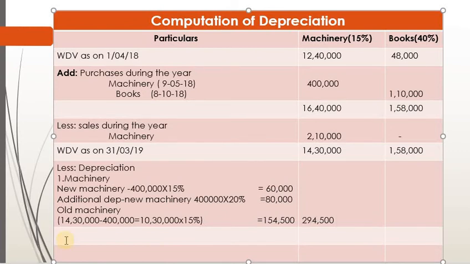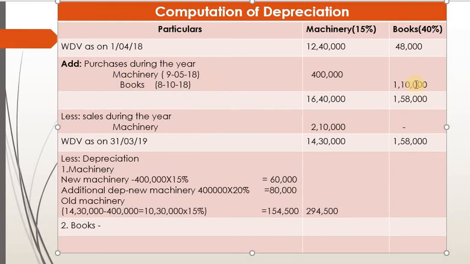Now let us calculate for books. The second one is books. With regard to books, the addition purchased during the year is 1,10,000 and there is no sales. So total written down value for depreciation is 1,58,000. Let's first take the additions during the year. It is 1,10,000 into 60%. Since it is a purchase during the year, if the asset is used for more than 180 days, then full depreciation we can provide, that is the entire 60%.